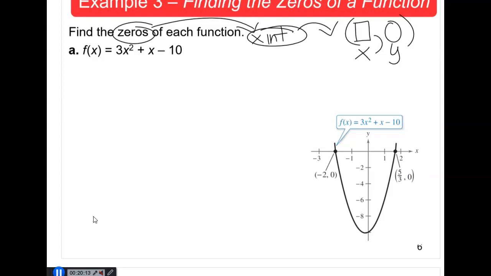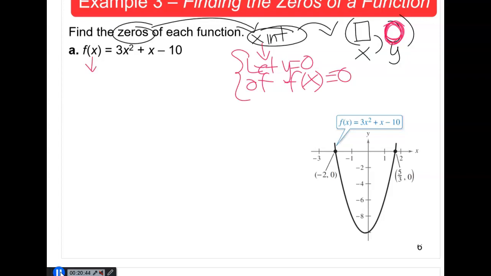So the logical step to find an x-intercept is to let y equal 0, right? So y is the same as f of x. It represents the output. Because of that, we're going to get this f of x and turn it into a 0. Then I'm going to just rewrite the equation.